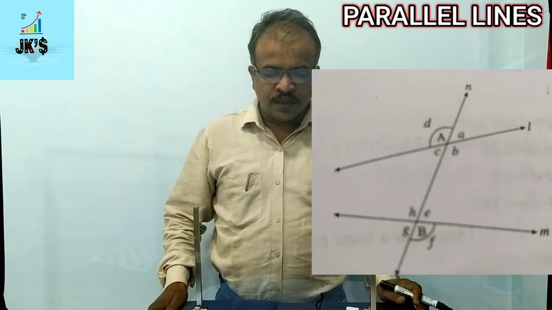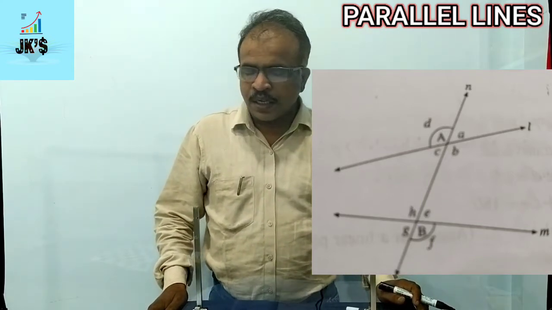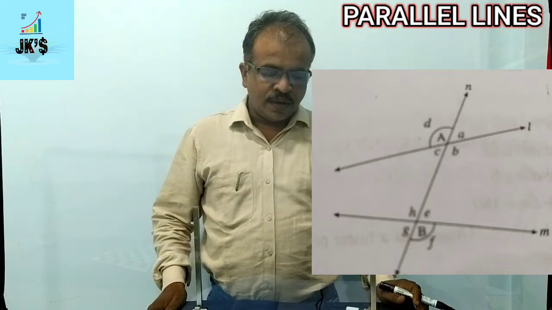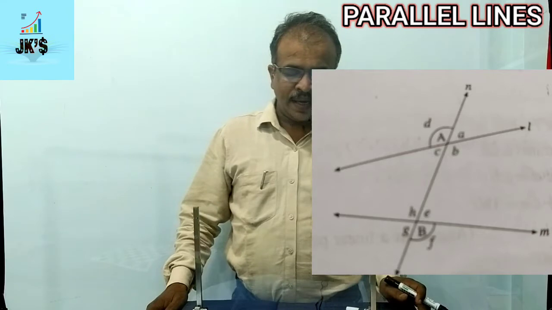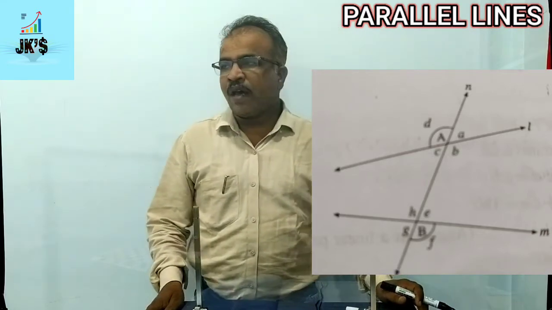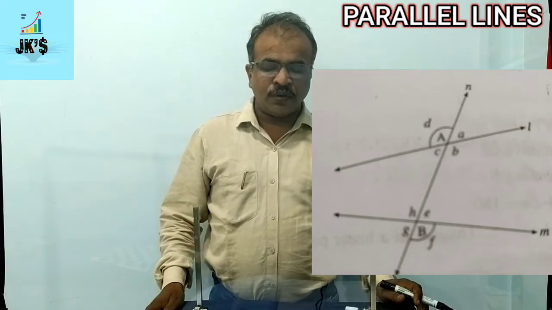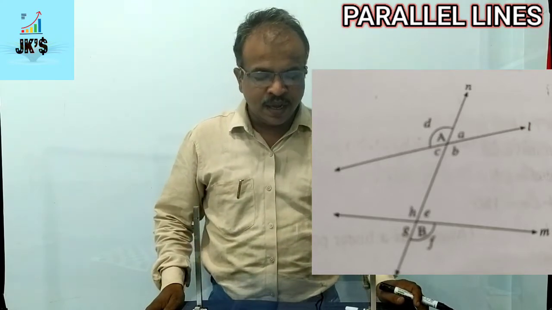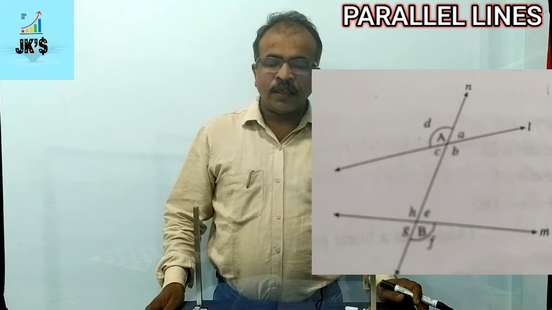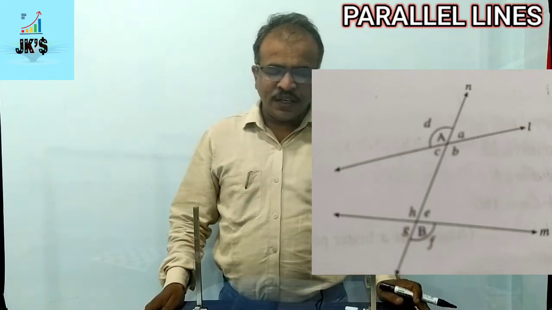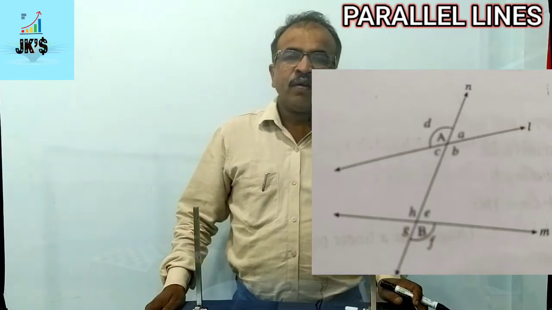In this given figure, the angles at point A are A, B, C and D, and at point B, the angles are E, F, G and H. The line N intersects line L at point A, and line N intersects line M at point B. So at each point A and B, 4 angles are formed.